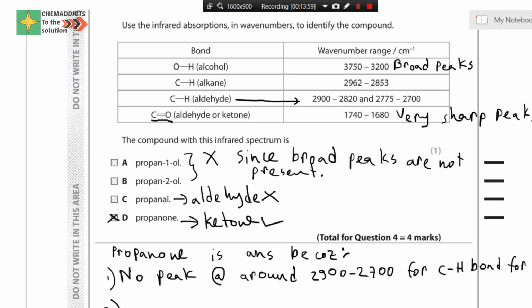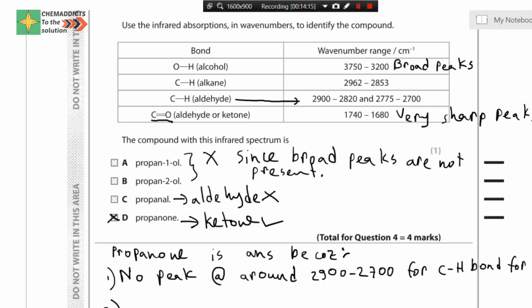And the second point, since there is no peak around this range, the CH bond for aldehyde, aldehyde is not the answer.